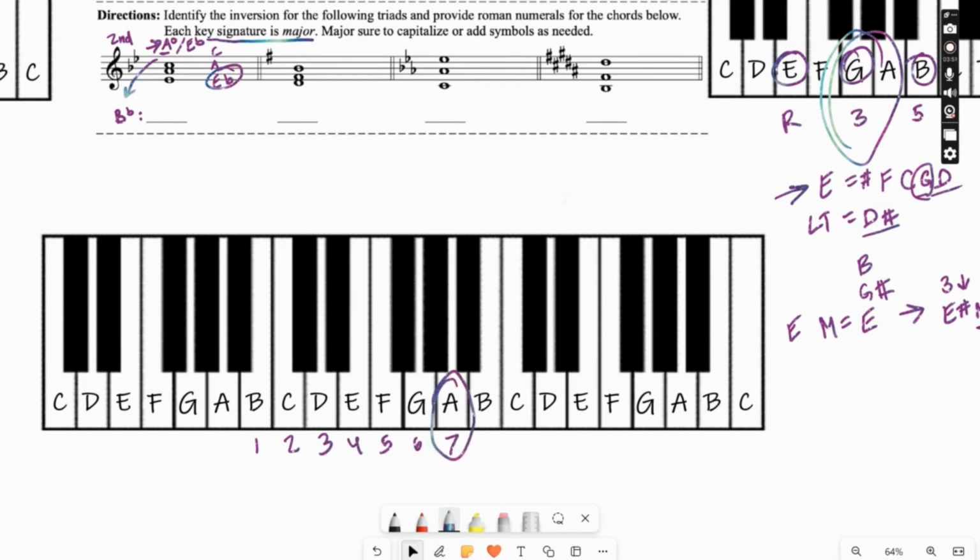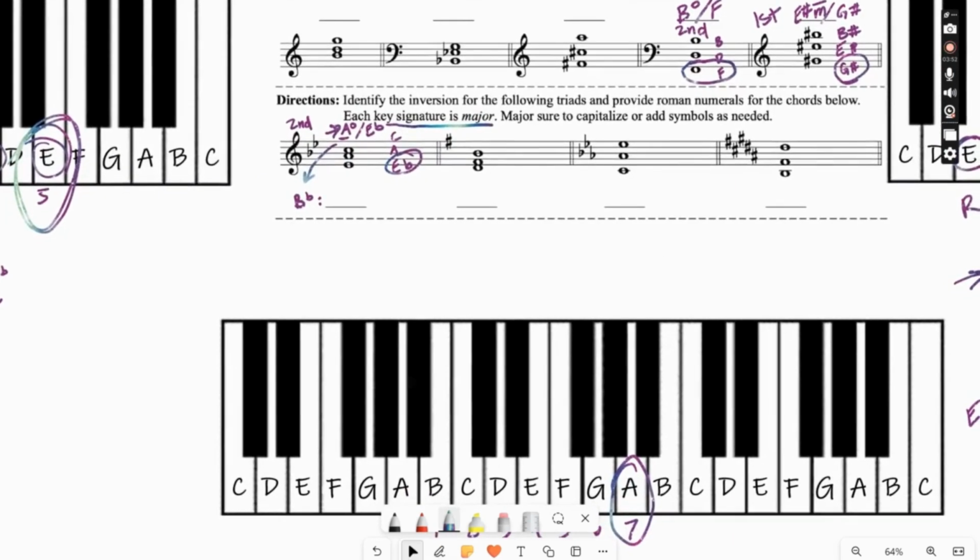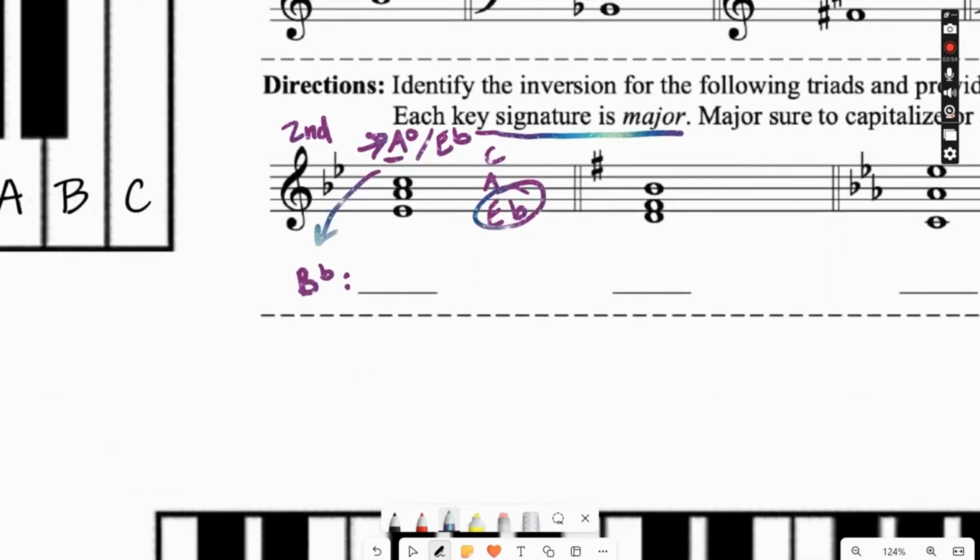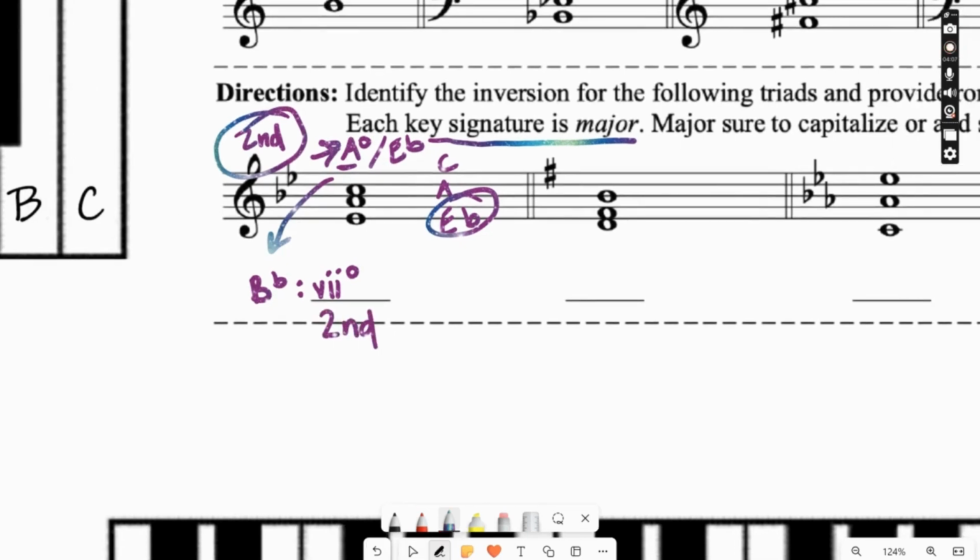So A would be scale degree 7, and it's diminished. So it needs to be lowercase 7, and I need the diminished sign, the degree sign. And if it's in second inversion, then I need to write second underneath, or you can write 6, 4. Either one is totally fine.